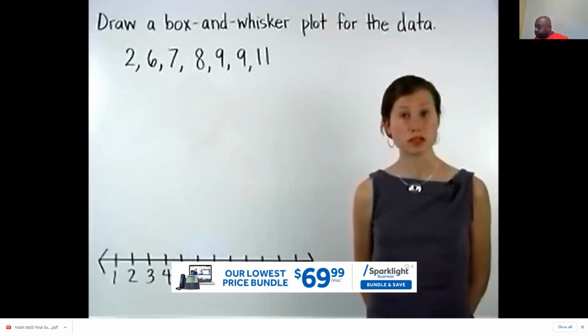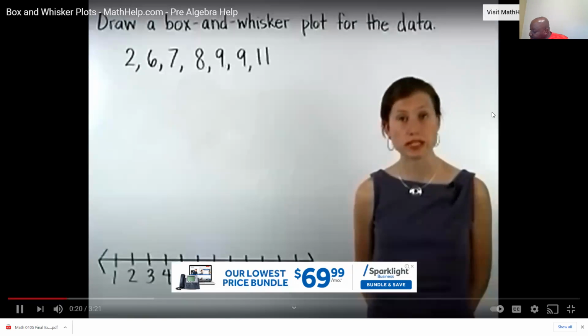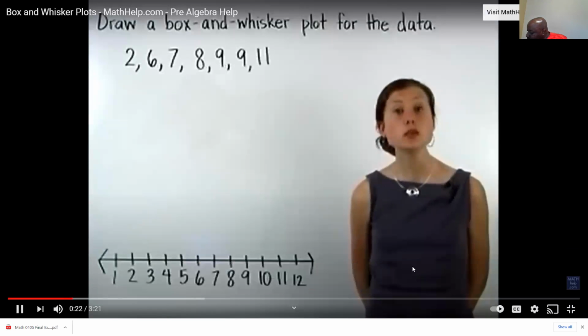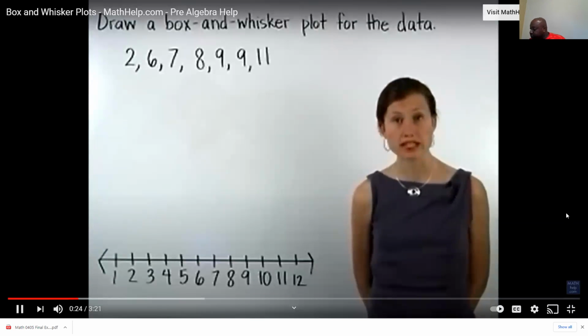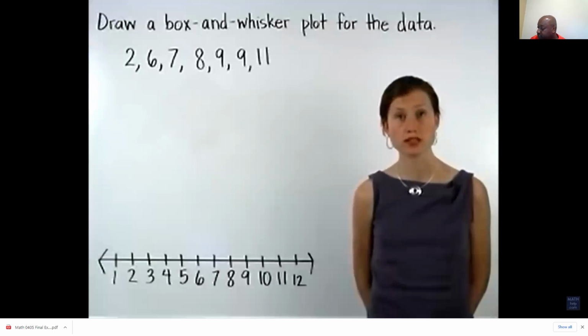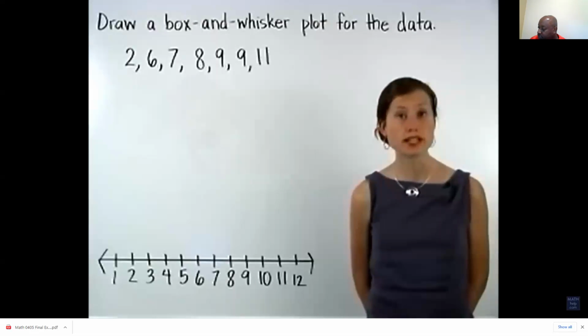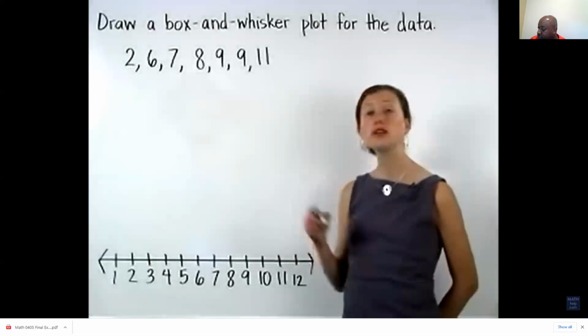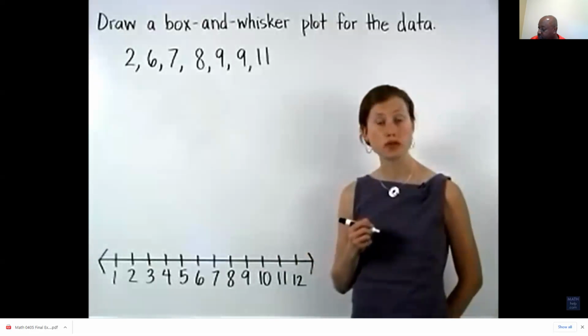A box and whisker plot is another way to display data. You'll need to remember what we learned about medians in the last section in order to draw box and whisker plots. To draw a box and whisker plot, begin by writing the data set from least to greatest. Here, notice that our data set is already written from least to greatest.